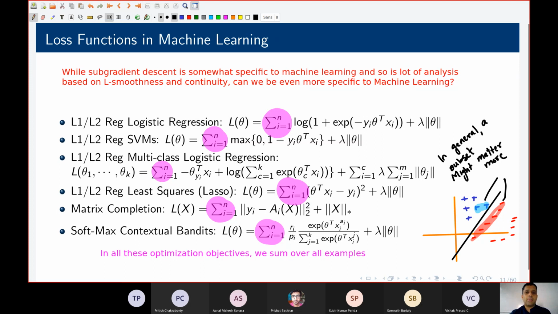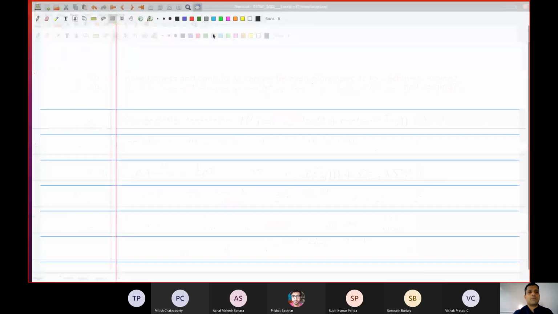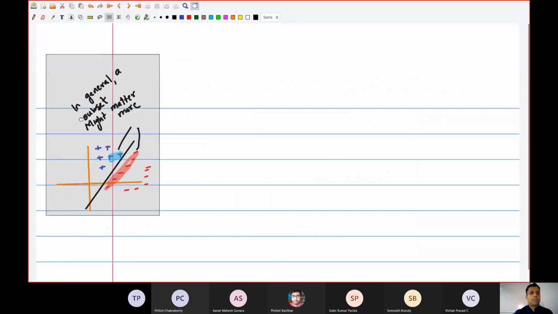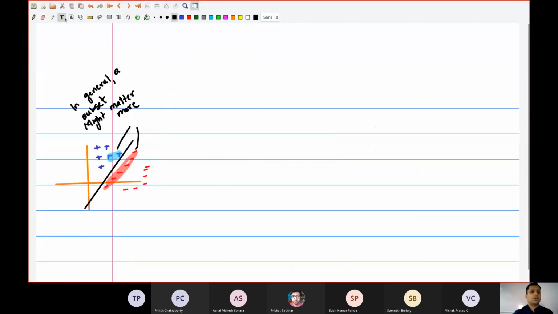So let's just reproduce this on the next slide. So the question: which subset of data points might matter more? I'll be actually using this slide later on again. So I want input from all of you.